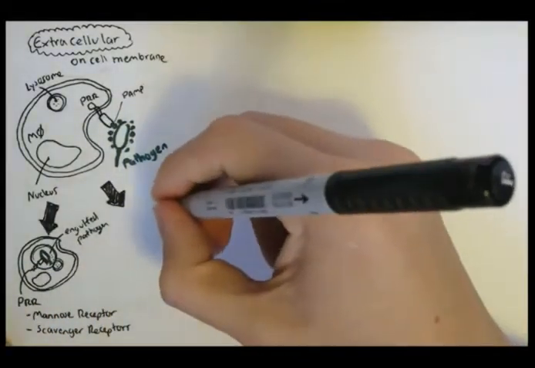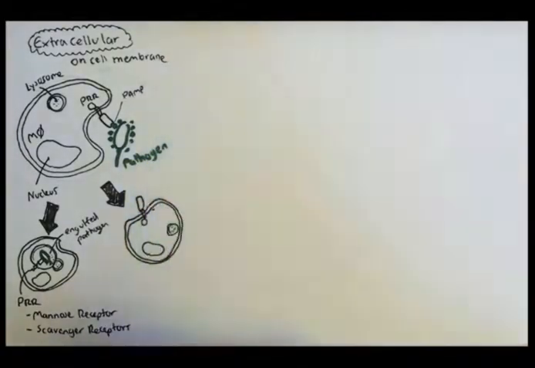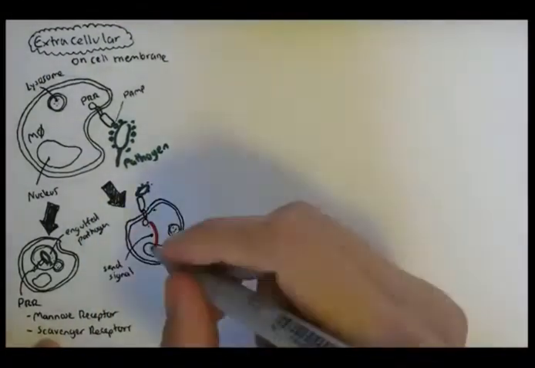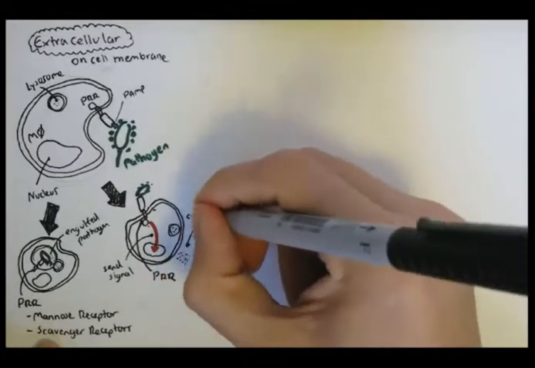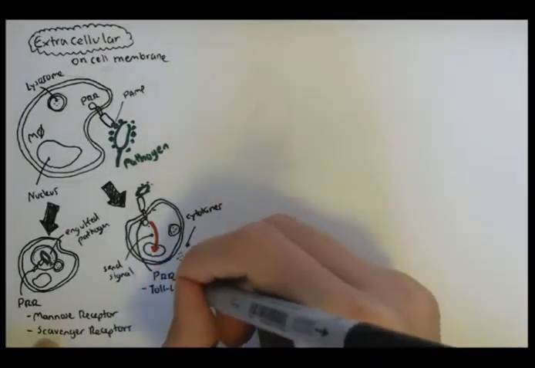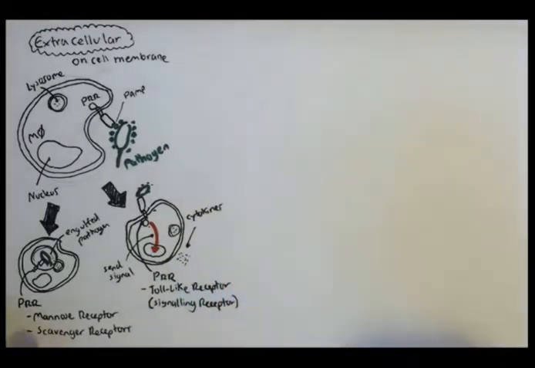On the other hand, the macrophage can also just send a signal to the nucleus to secrete cytokines or interferons if the virus has invaded the cell. And these signaling membrane receptors are carried out by the famous Toll-like receptors. And there are many types of these receptors, but these are the main players.